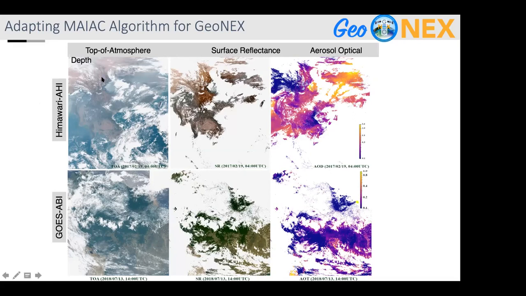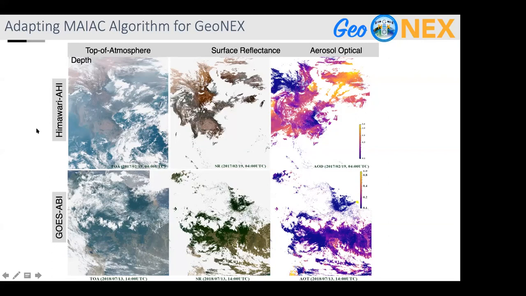This algorithm takes time series of observations with different sun-satellite geometry, and using that BRDF model, tries to do atmospheric correction and also to retrieve the aerosol optical depth of the atmosphere.